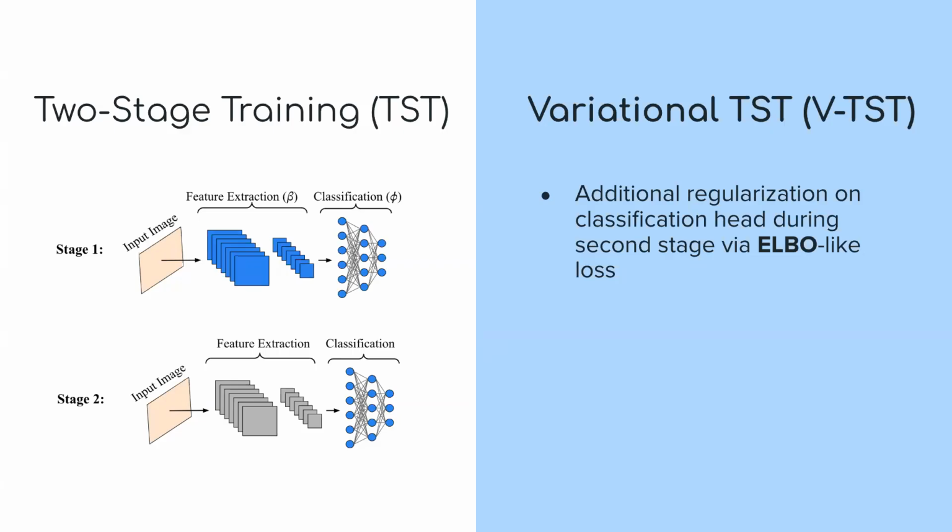And then this classification head or layer is retrained from scratch using the same dataset. Variational TST is an extension of TST that uses ELBO as an objective function during training in the second stage.